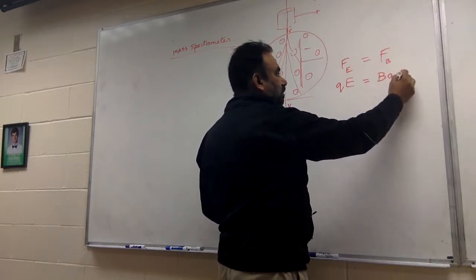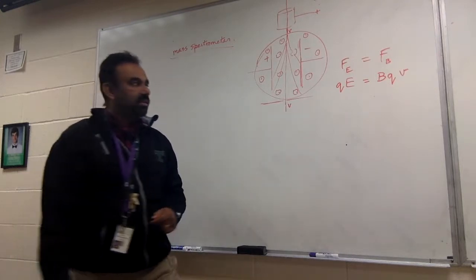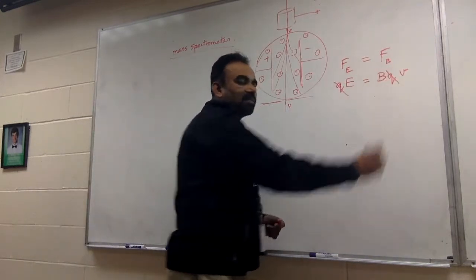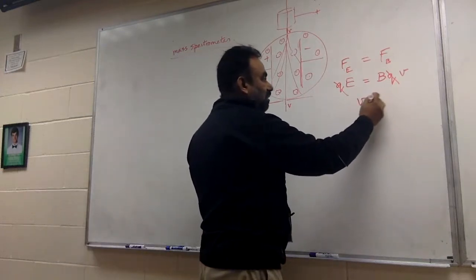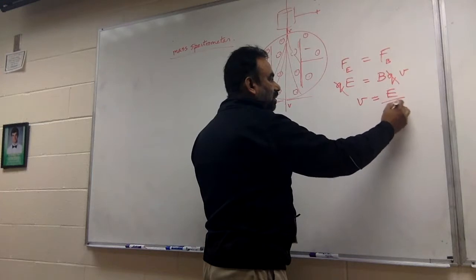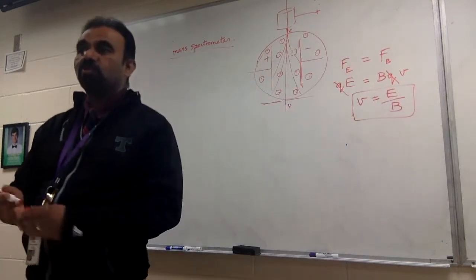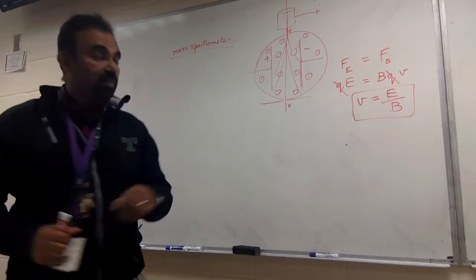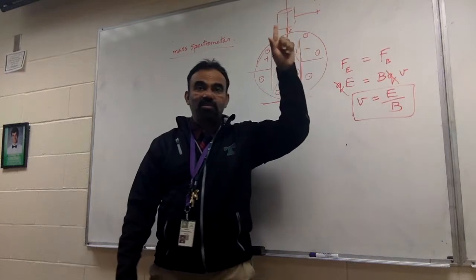Bqv. Those are the two forces. Now the q's cancel off. So do you know exactly which ones are coming through and with what velocity? The ones which come through without being deflected are the ones having this velocity, v = E/B.